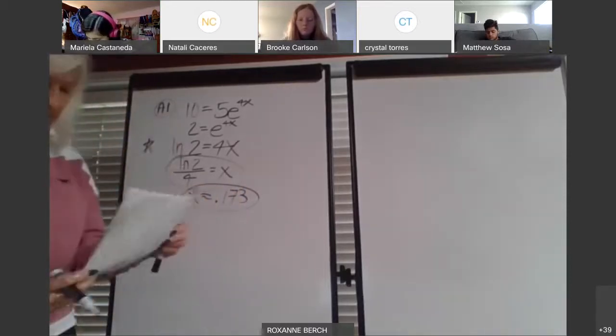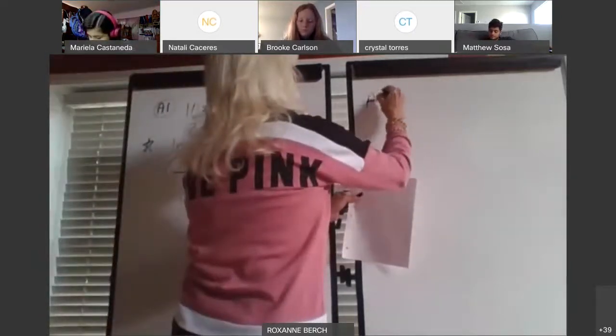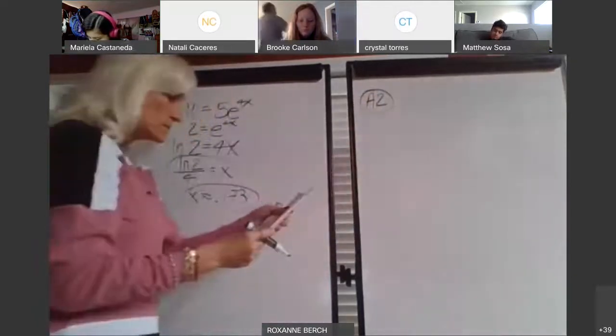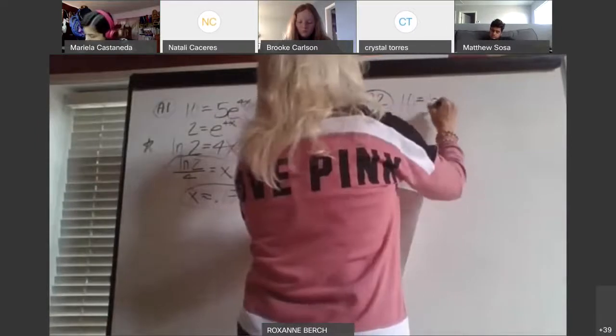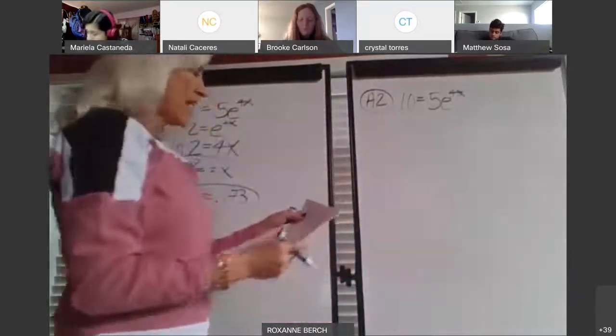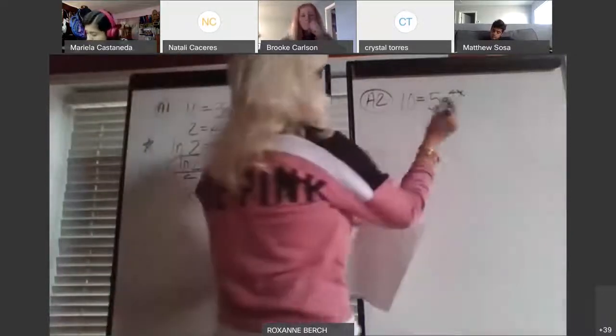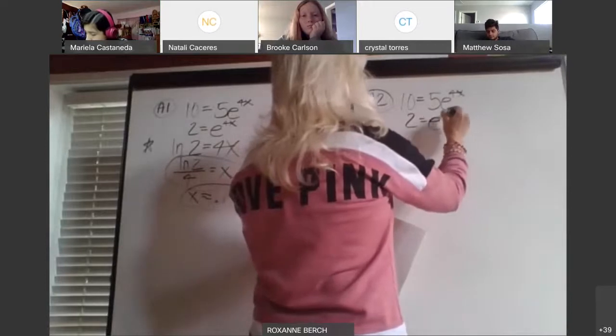Okay, I'm going to do the second way over here, and that's going to be A2. So same problem, 10 equals 5e to the 4x. And I'm going to simplify it just the way I did before. Divide by 5.